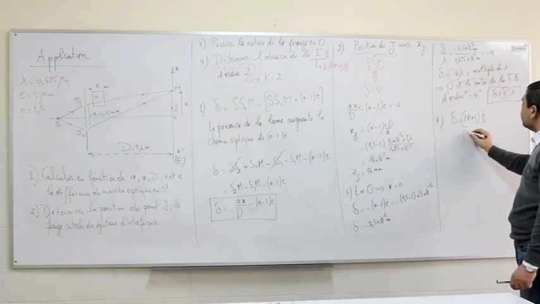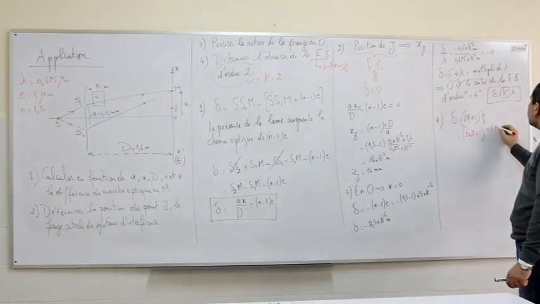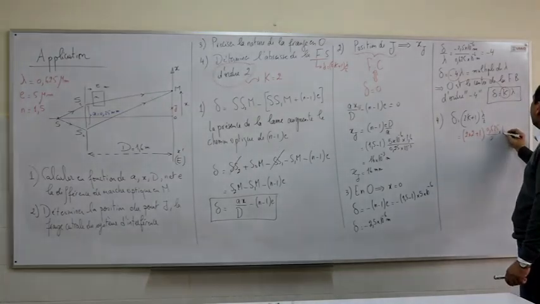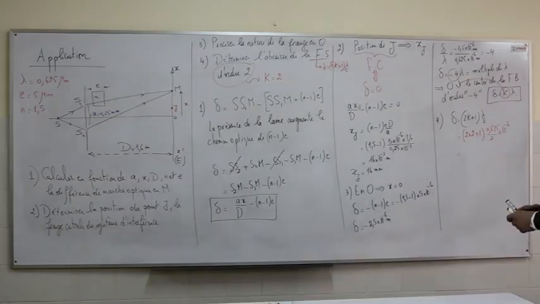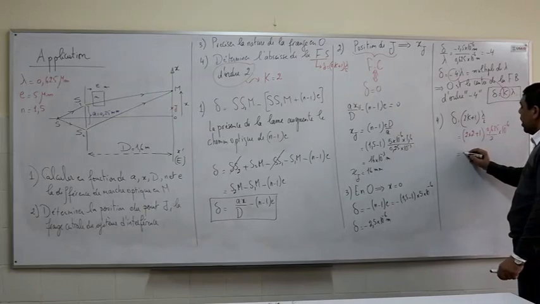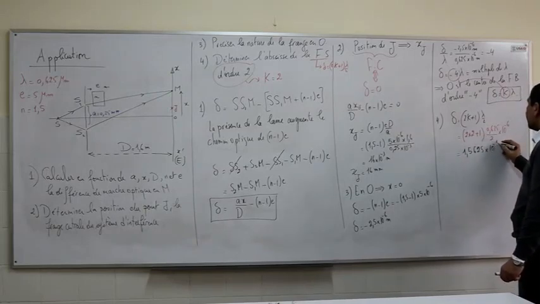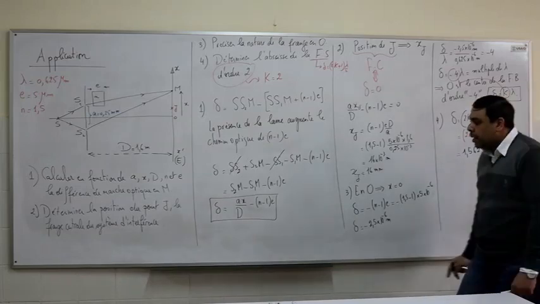So delta equals (2 times 2 plus 1) times 0.625 times 10 exponent minus 6 over 2. The answer is 1.5625 times 10 exponent minus 6 meters.